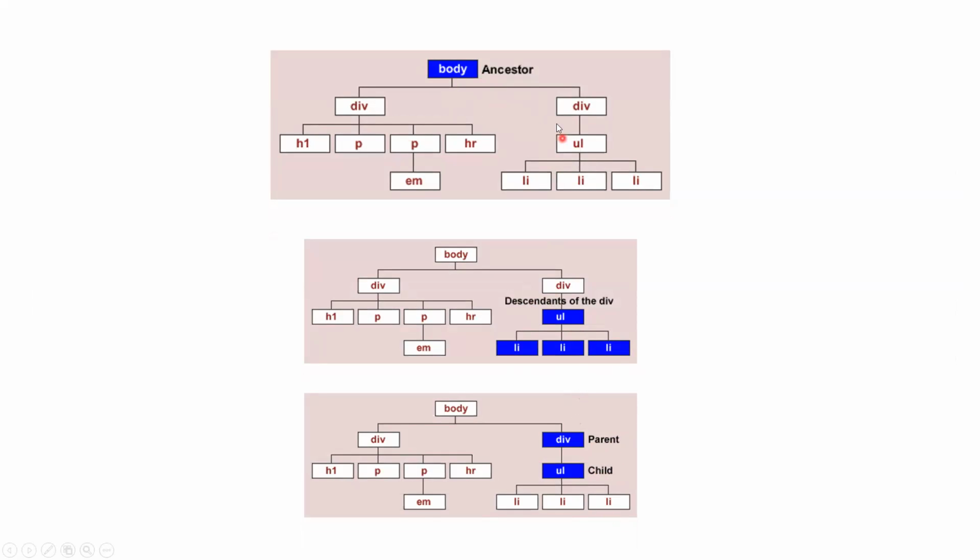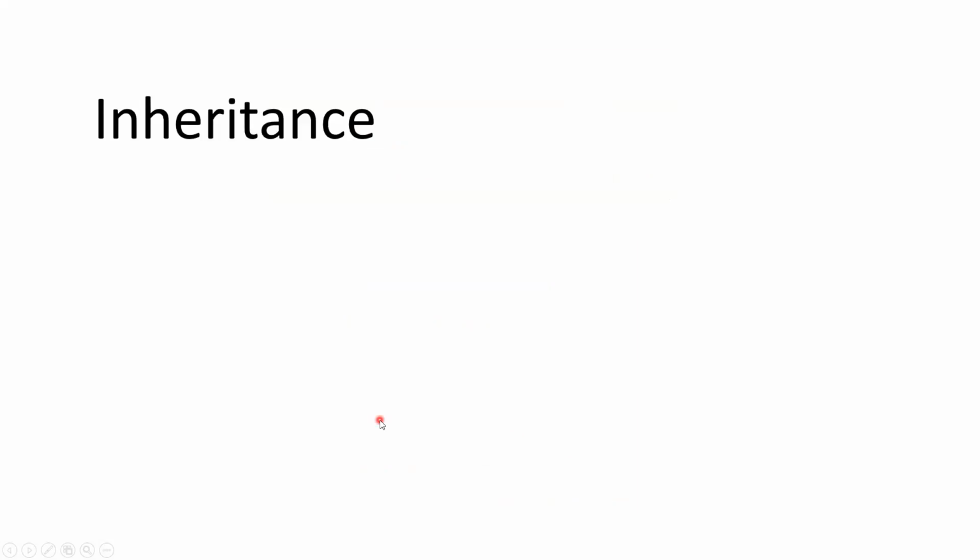For example, all of the elements that are inside of one element are descendants of that one element, which is the ancestor. And if we refer to two elements, for example, a div and a UL, since the UL is inside the div, we can say that UL is the child and the div is the parent.